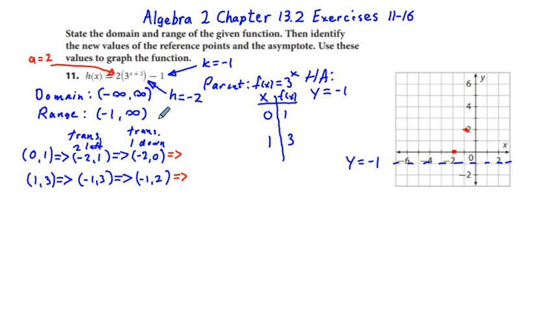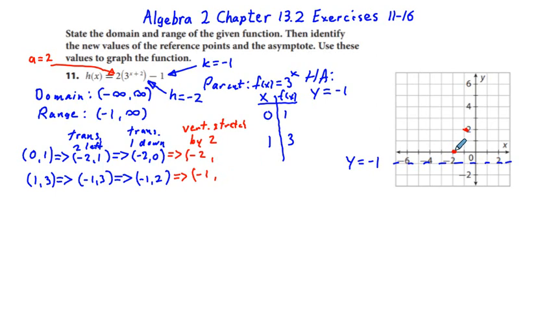So I'm going to put vertically stretch by a factor of 2, just by 2. And what we do for that, our input values remain the same. So we have -2 here for this first reference point and -1 for the second one.